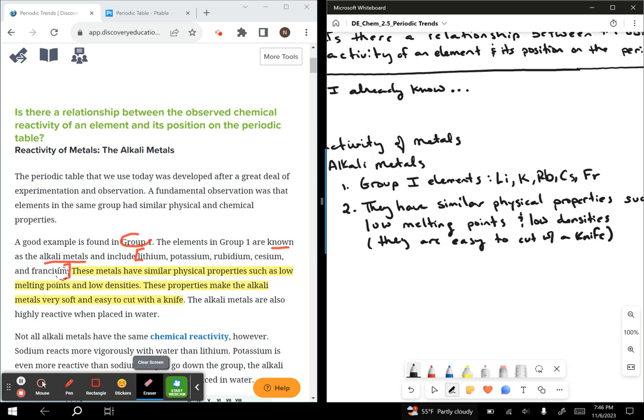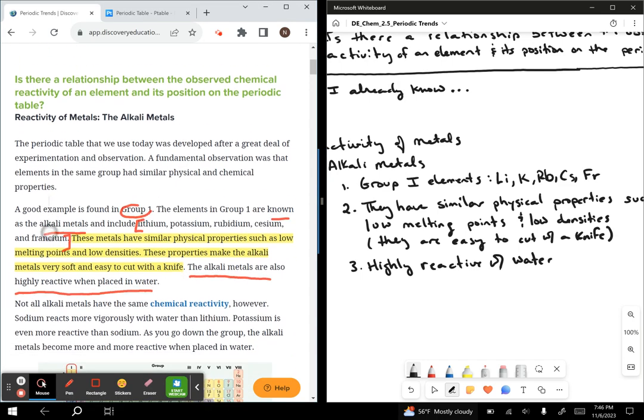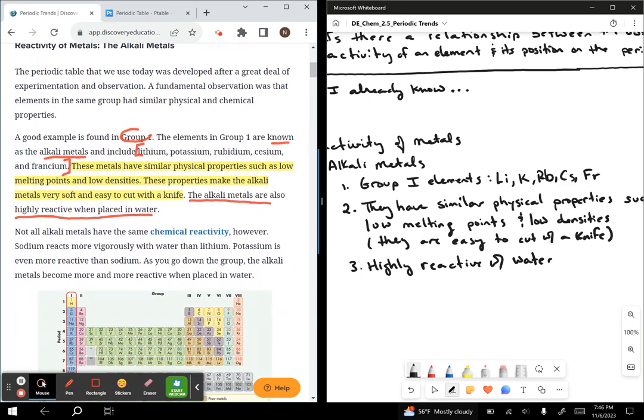The alkali metals, this is also interesting, are also highly reactive when placed in water. Number 3: highly reactive with water. Now, not all alkali metals have the same chemical reactivity, however.